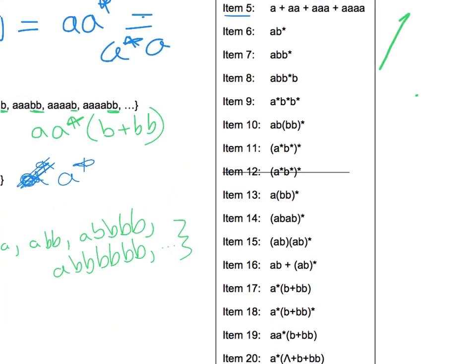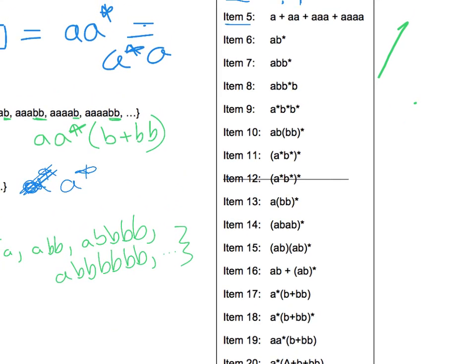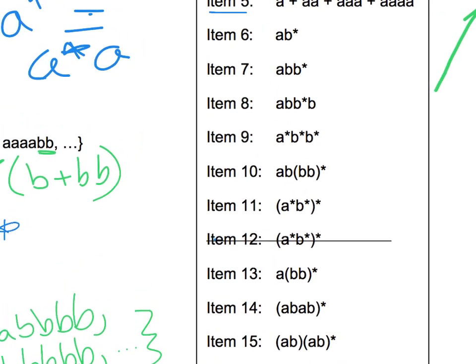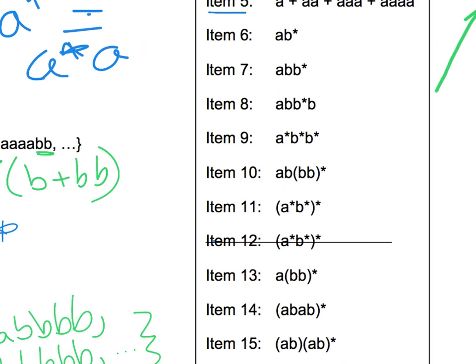So if we just start looking, it's not item 6 because that could have 0 or 1 B, or, well, 0 B's is fine, but it could also have an odd number of B's. It's not item 7, because item 7 says you have at least 1 B as well as your at least 1 A. Item 8 says you have at least 2 B's, but then you could have an odd number after that.